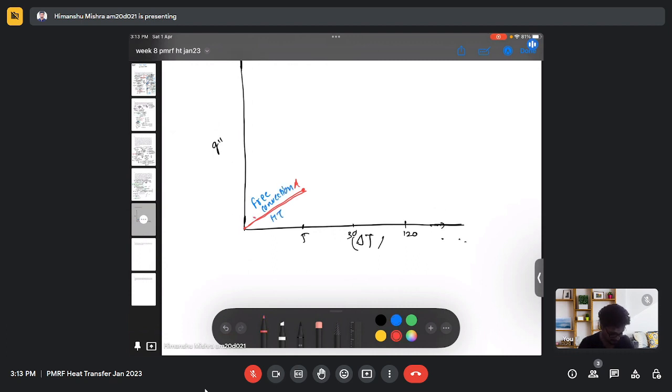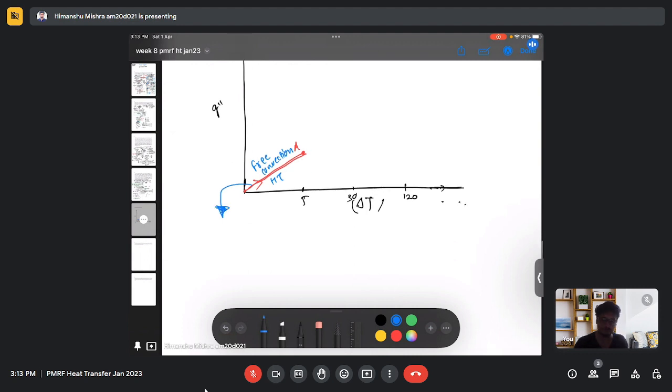As we increase the temperature from 0, there will be free convection in laminar flow, and on increasing the temperature further, that laminar free convection turns into turbulent free convection, and hence there will be an increment in the heat transfer coefficient also. That is the natural heat transfer coefficient, and to find it we already solved a few problems last week based on the correlations we used.